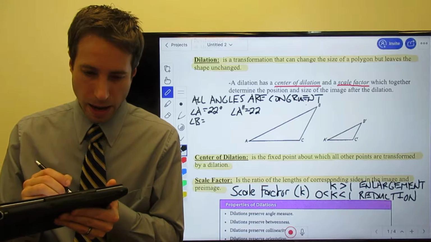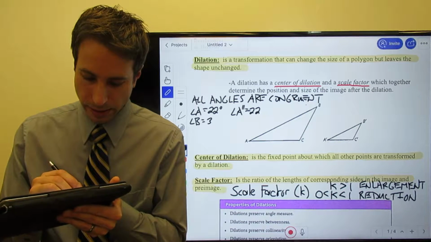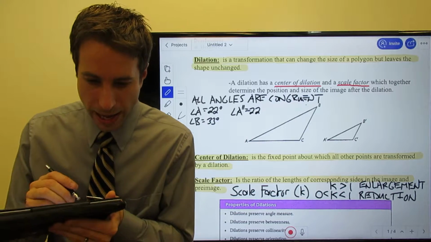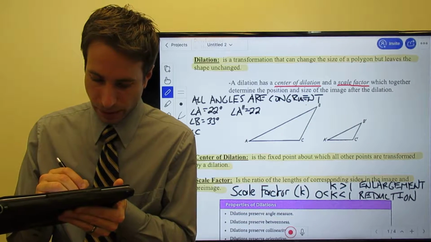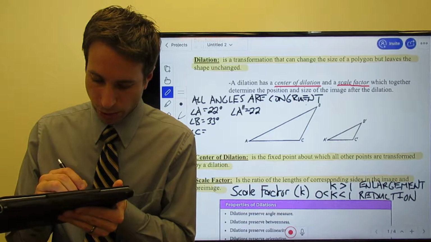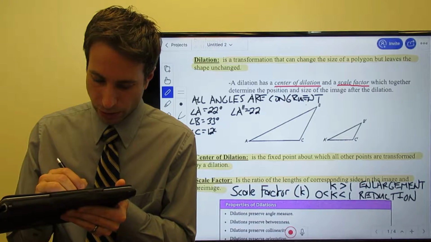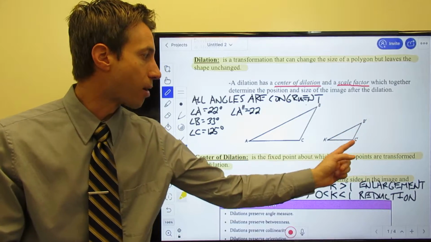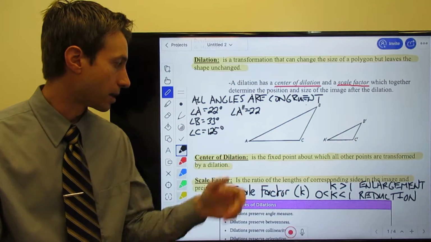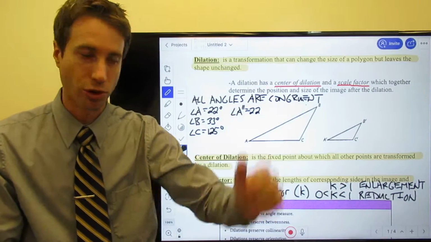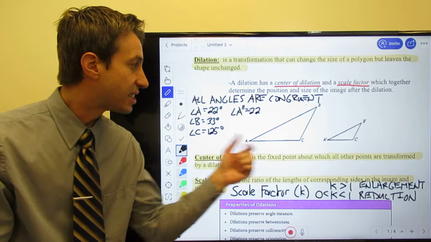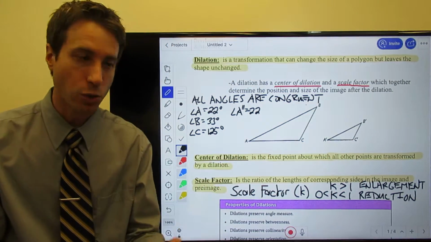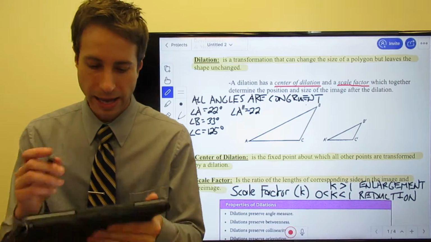Angle B is 33 degrees. And angle C is, of course, obtuse, so it's going to be greater than 90. It's 125 degrees. And the same is true for B prime and C prime. B prime is going to be 33. You could put a protractor on it and measure it. C prime is going to be 125. You could put a protractor on it and measure it.